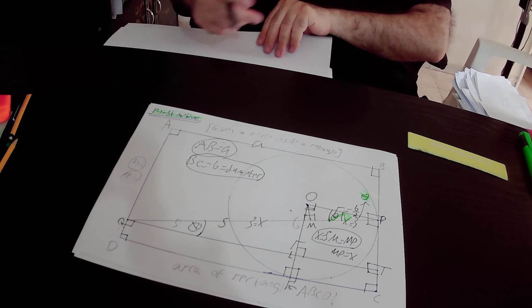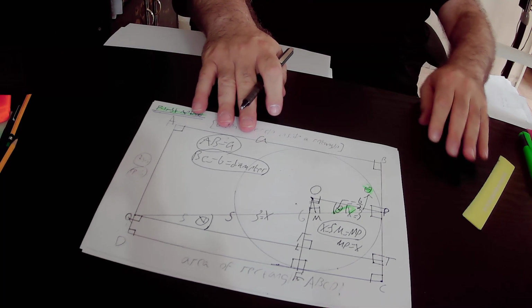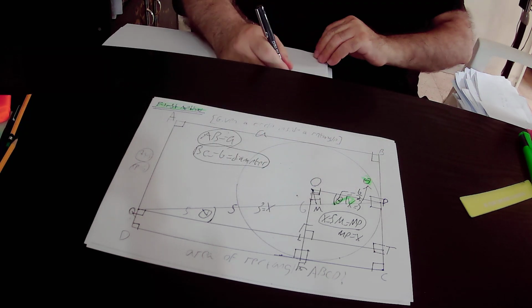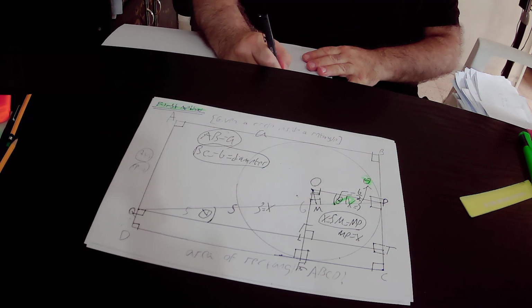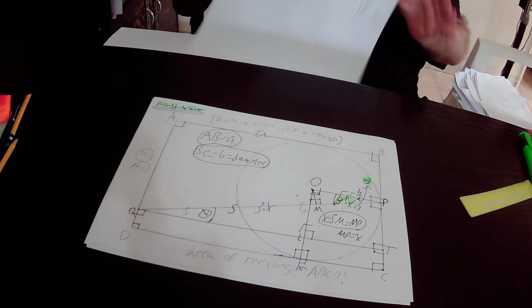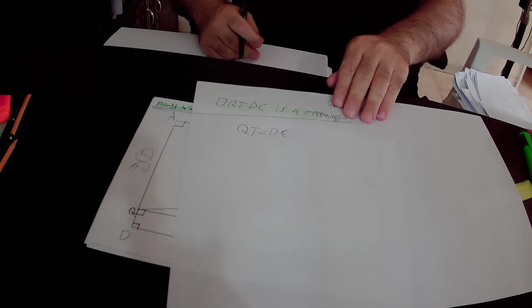And we know that the opposite sides of a rectangle are equal to each other. That is to say, QT is equal to DC.